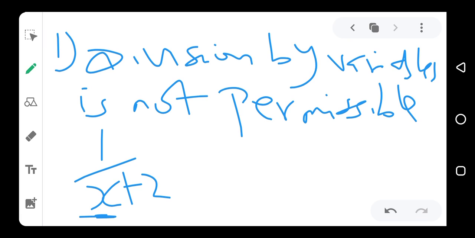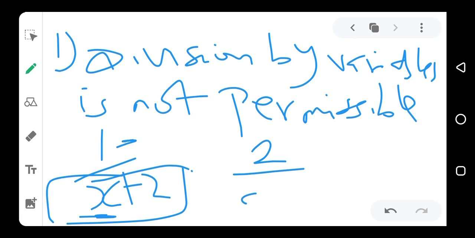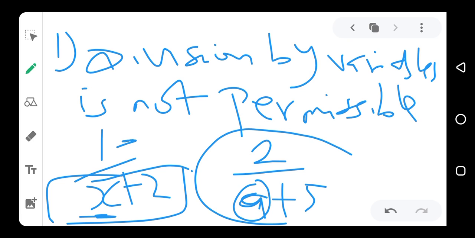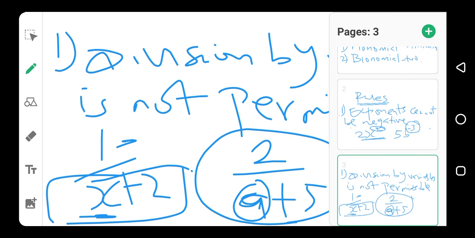X here is a variable, and because it is under this value 1, this is not a polynomial. If you have 2 over a plus 5, this a here is a variable. Therefore, this expression is not allowed as a polynomial. That is rule number 2.